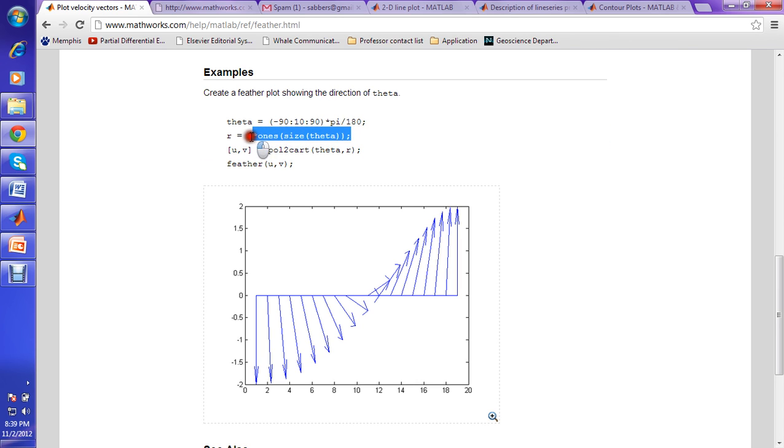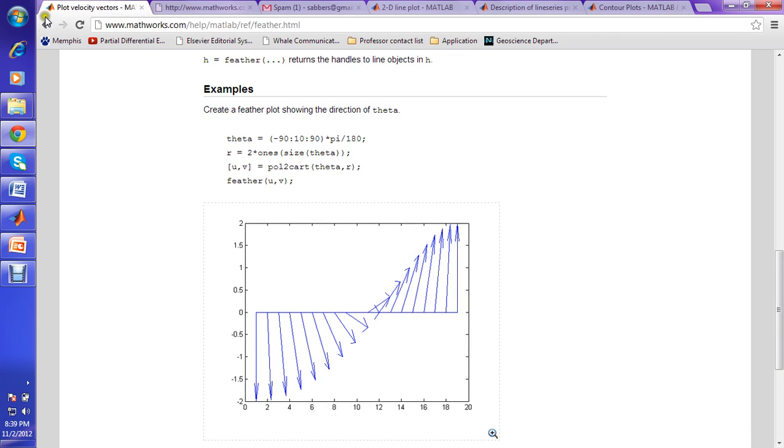We are getting the UV from the polar chart of theta and r. So we convert from the polar region to the linear region, theta and r will be converted to the linear features U and V. So in the feather function you will get it in linear format.